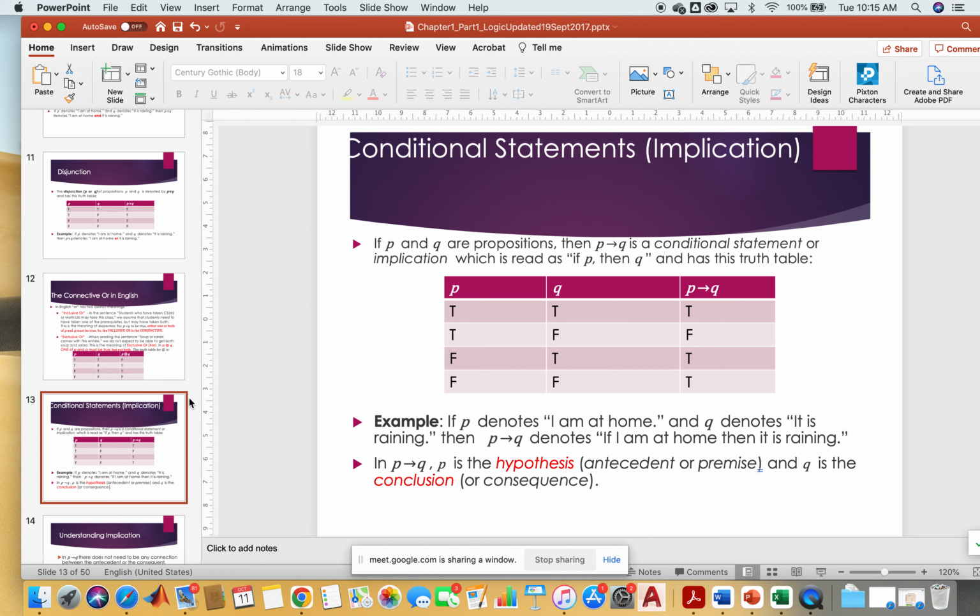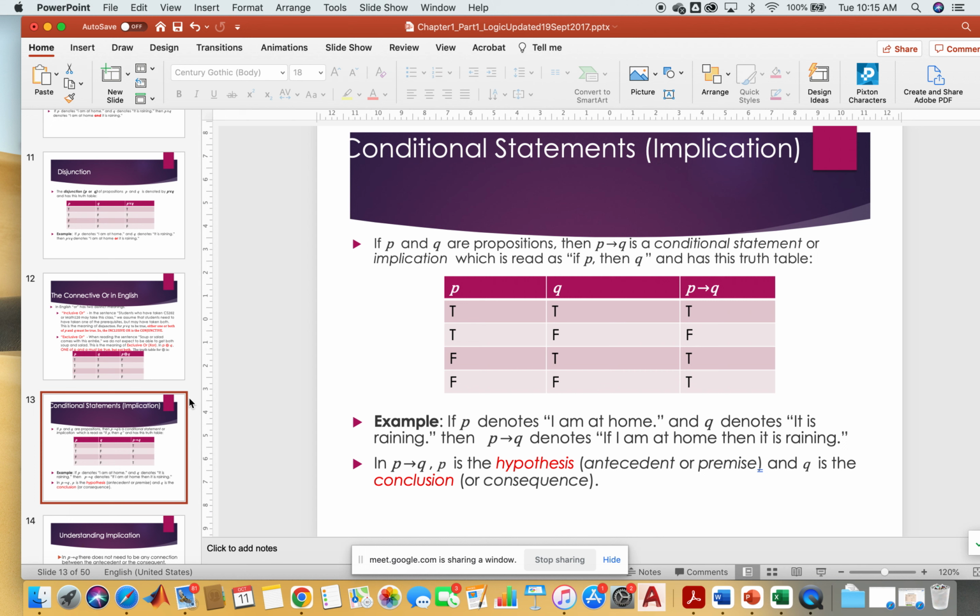Another compound proposition is where we do some operations on the implication. We have the converse, the contrapositive, and the inverse. The original is this one, but the converse of this gives us this one.